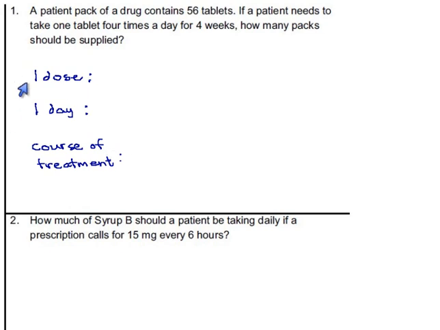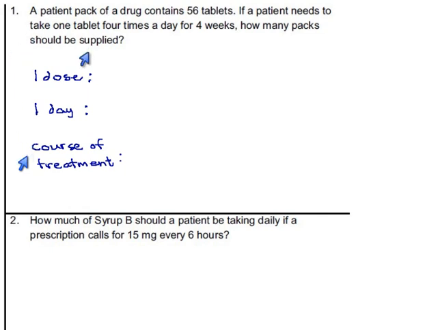Some questions will say, take 2 aspirin 3 times a day, do this for 2 weeks. So the dose would be 2 aspirin. For a day, you'd have to figure out 2 aspirin times 3 times a day. And for the course of treatment, you'd be multiplying by 14, because there are 14 days in 2 weeks.